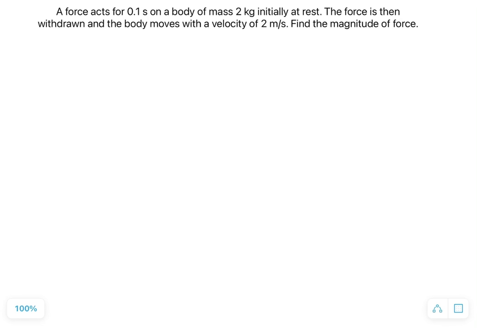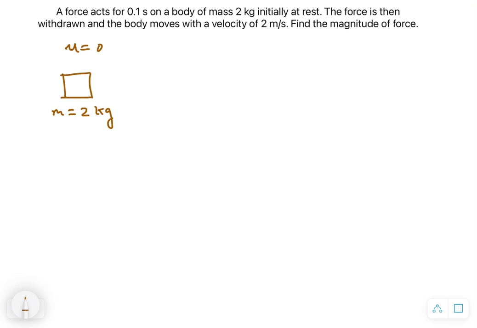So in this problem, mass of the body is given. Mass of the body is 2 kilograms. Initially, the body is at rest, so initial velocity u is equal to 0.